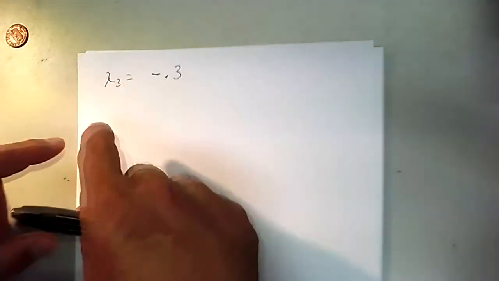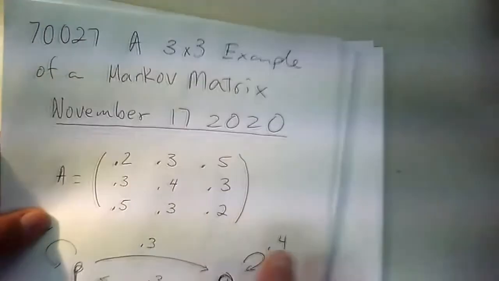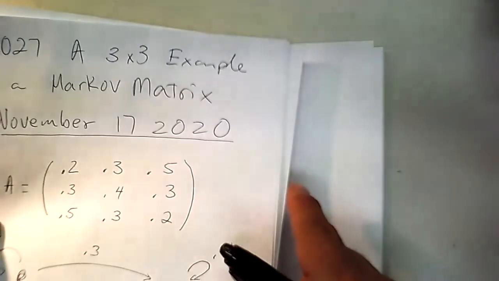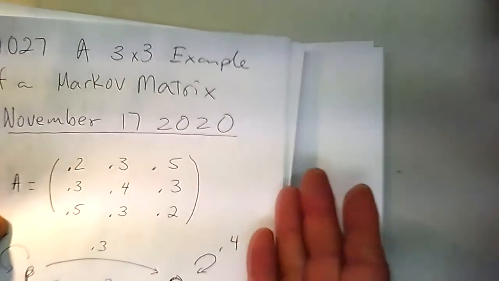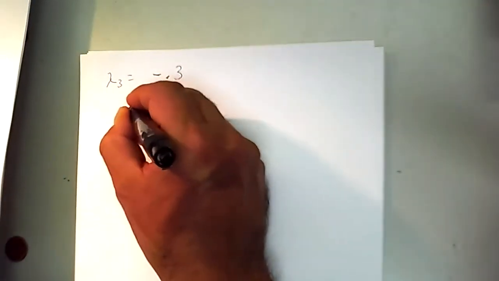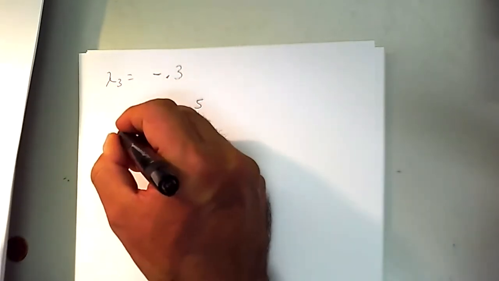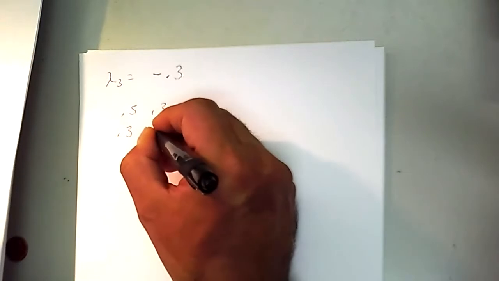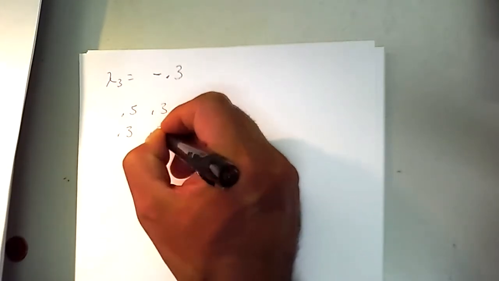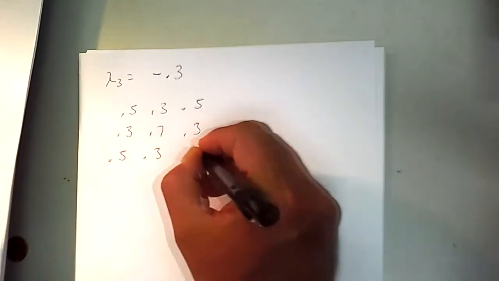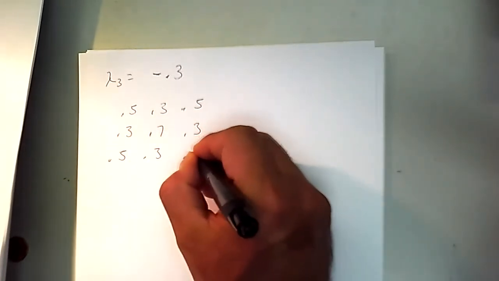Let me remind you, we multiply the original matrix times A B C, and that's supposed to equal negative 0.3 A B C. So when we flip that over to this side of the equation, we're going to be adding 0.3 to the main diagonal, and we're going to end up with 0.5, 0.3, 0.5; 0.3, 0.7, 0.3; 0.5, 0.3, 0.5.